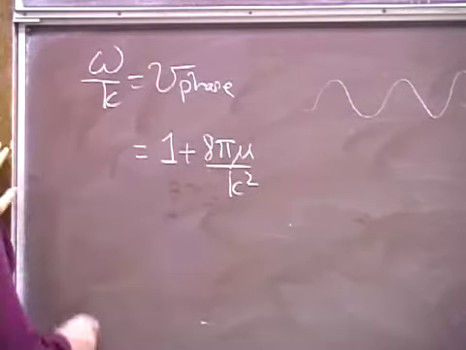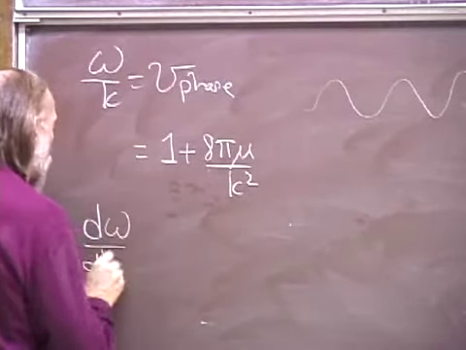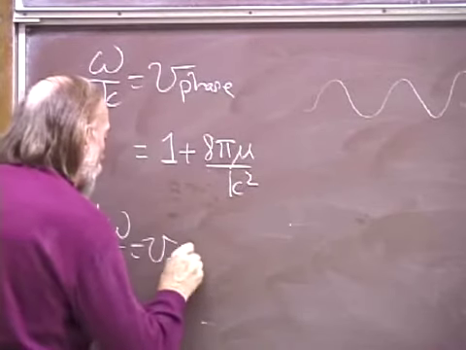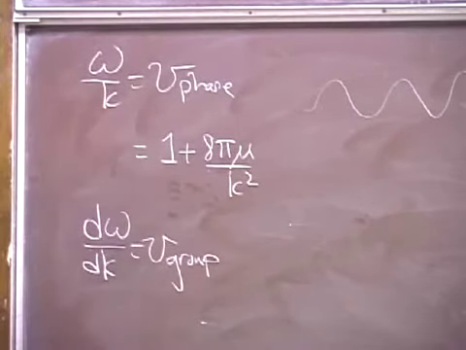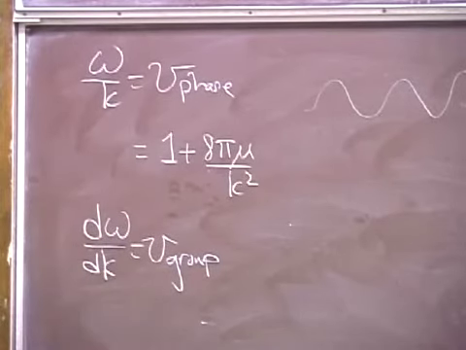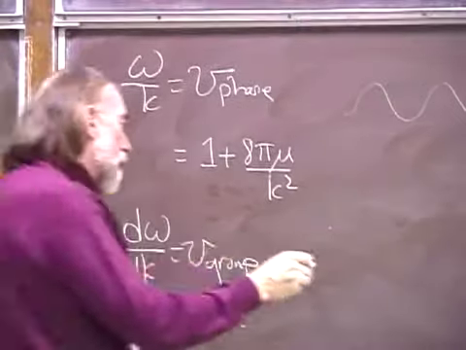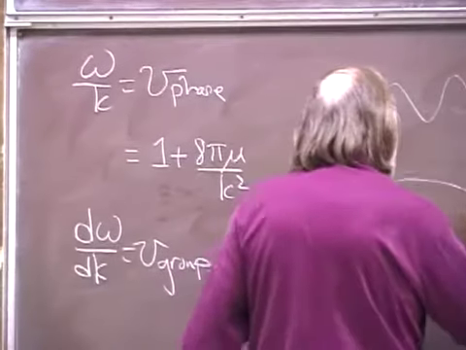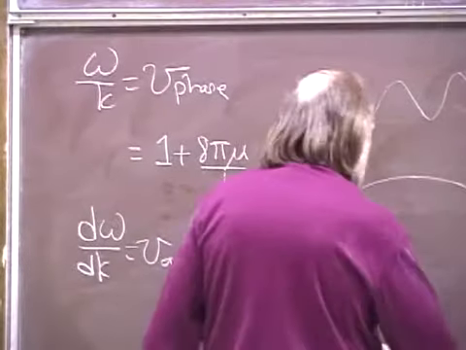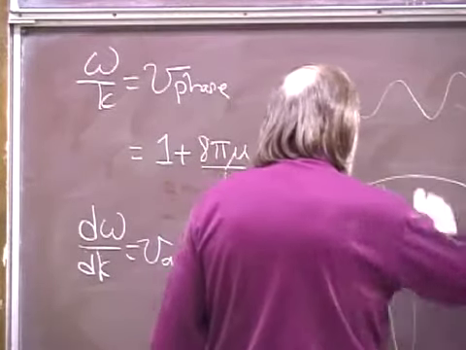But the group velocity is d omega dk. What the group velocity means is if you superimpose waves of slightly different frequencies in order to build a wave packet, like you do in quantum mechanics, say. So you have some wave packet that has an envelope that looks like this, and the individual waves look like that.